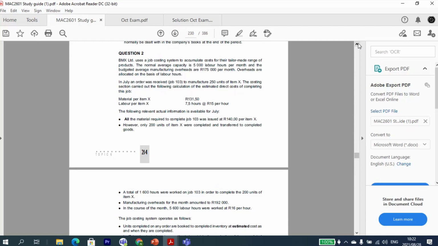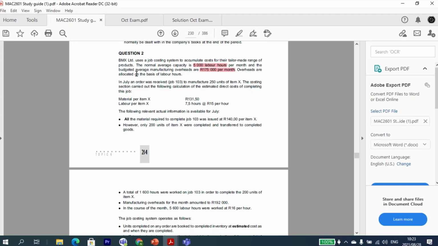BMX Limited uses job costing to accumulate cost for their tailor-made range of products. The normal average capacity is 5,000 labor hours per month, and the budgeted average is around 175 per month.